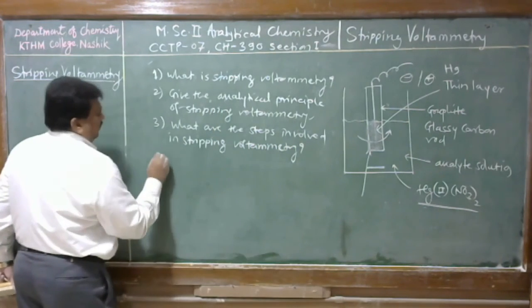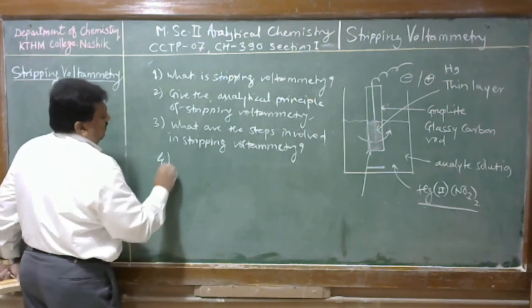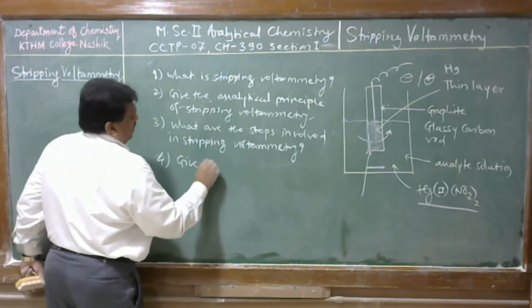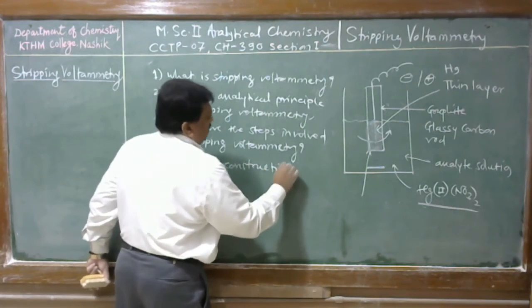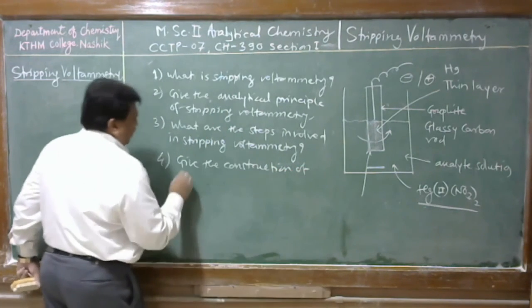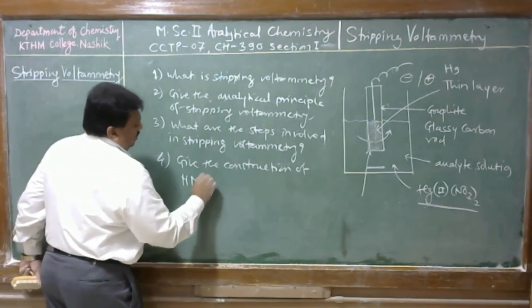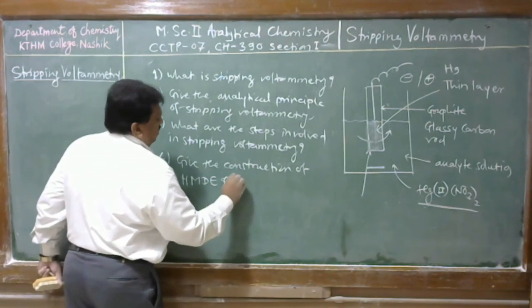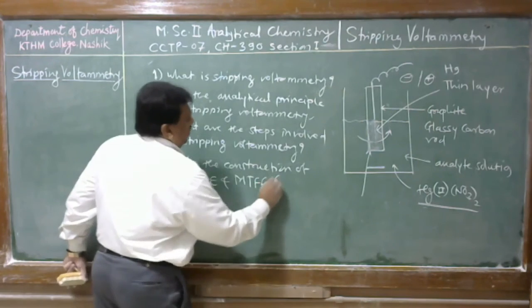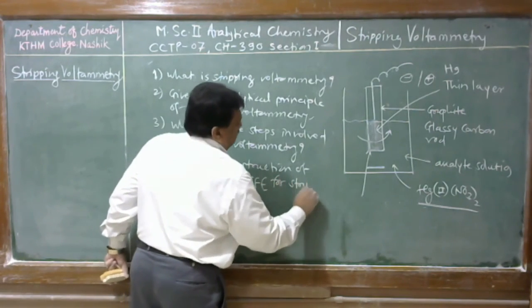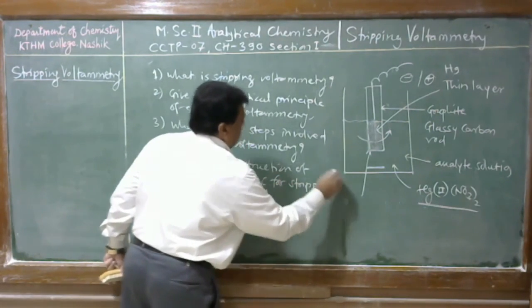Next question: give the construction and working of the hanging mercury drop electrode and mercury thin film electrode for stripping voltammetry.